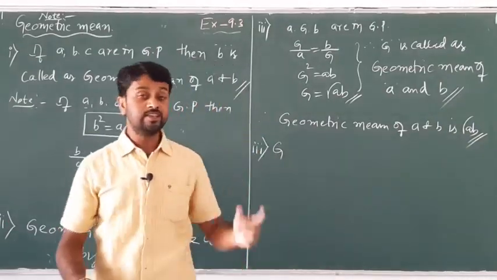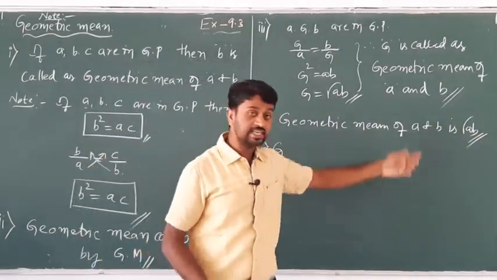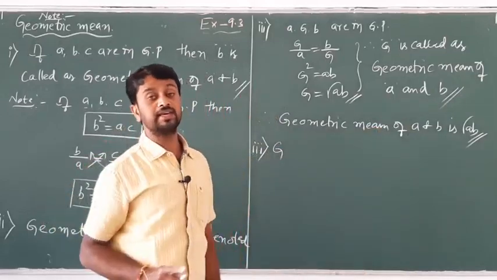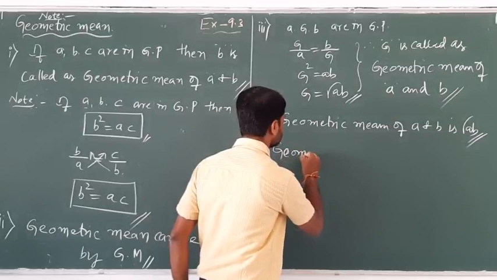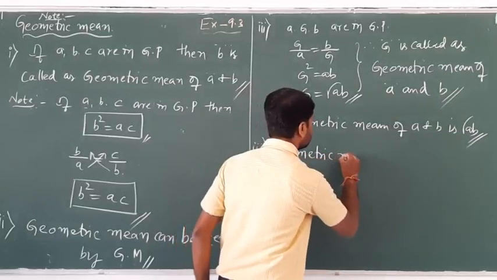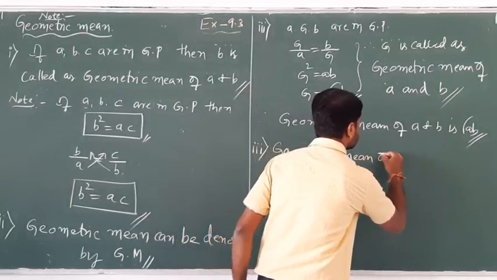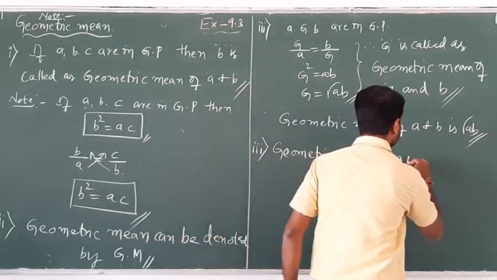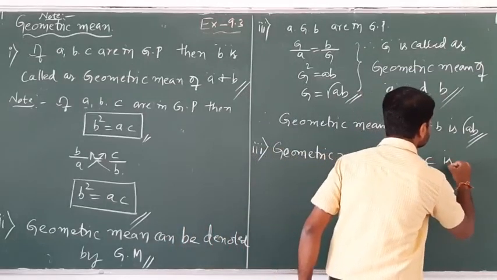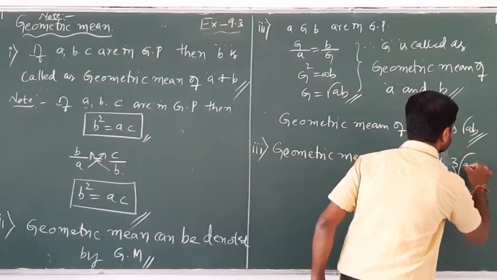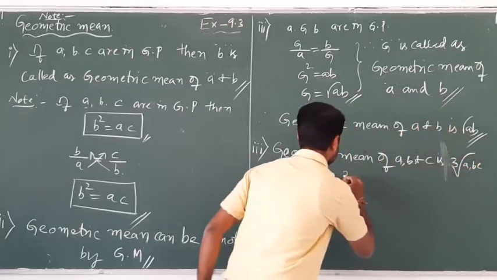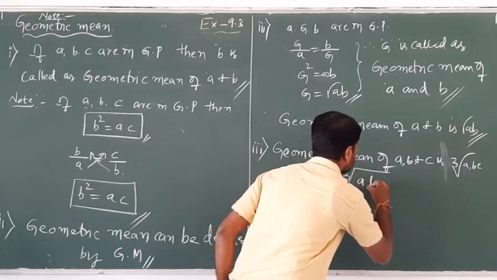Very good answer. The geometric mean of A, B and C is cube root over ABC.